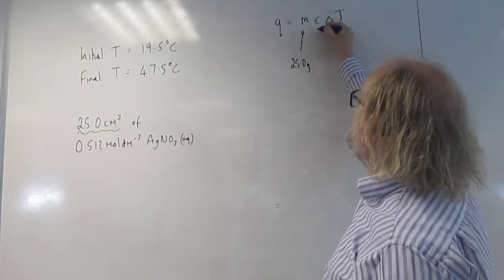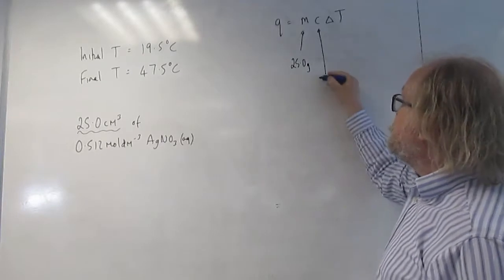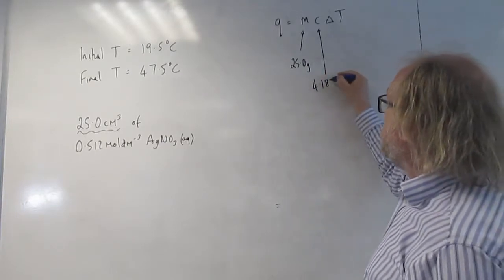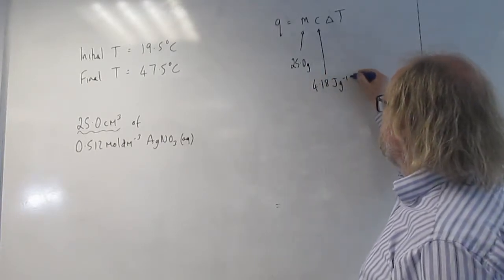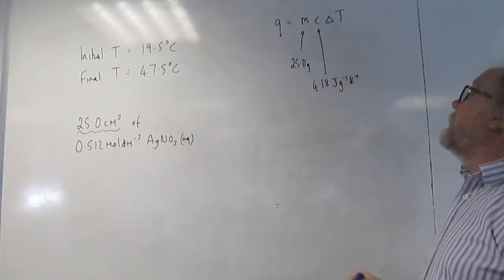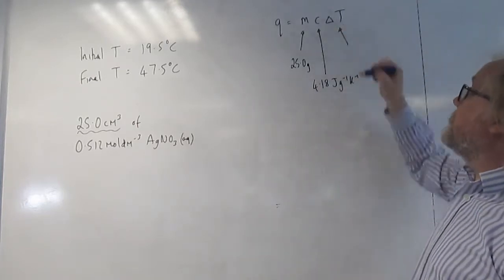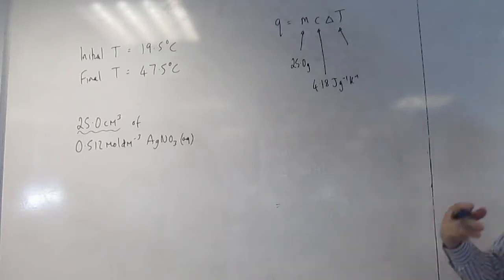Okay, so M is therefore 25.0 grams. C comes from your data sheet, and is 4.18 joules per gram per Kelvin. And delta T is the temperature change. Now don't be fooled by the Kelvin. Remember, the size of a degree Kelvin is the same as the size of a degree C. So a change, delta T, will be the same number whether it's in Kelvin or degrees C. The actual temperatures are different, but the size of the change is the same.